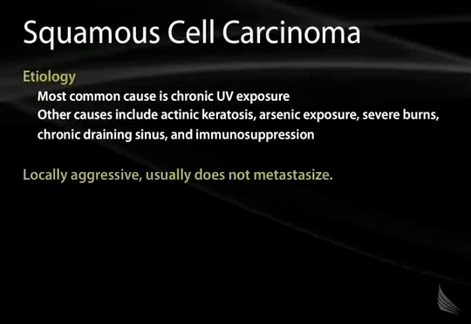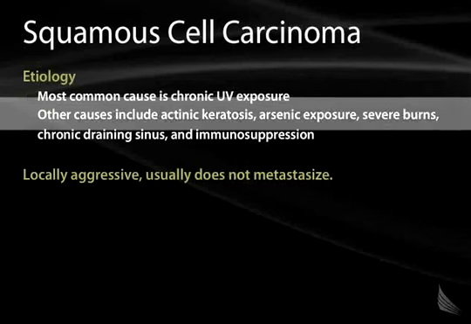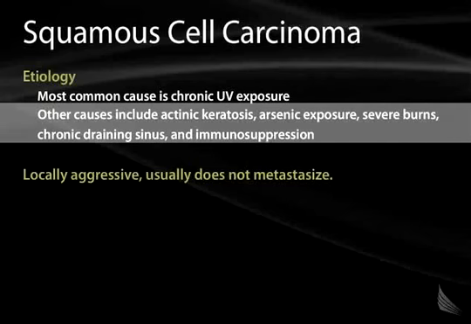Squamous cell carcinoma is another intermediate form of non-melanoma skin cancer. It too is caused by ultraviolet exposure, but generally tends to be ultraviolet exposure of a chronic duration. Other causes of squamous cell carcinoma include arsenic exposure, chronic burns, chronic ulcerations, chronic inflammation, and immunosuppression.